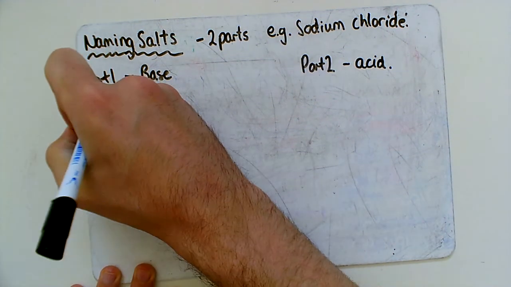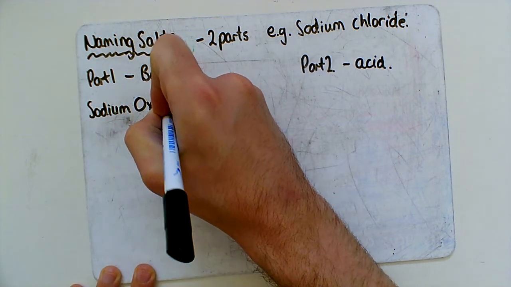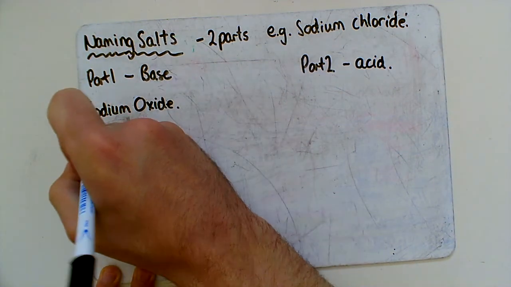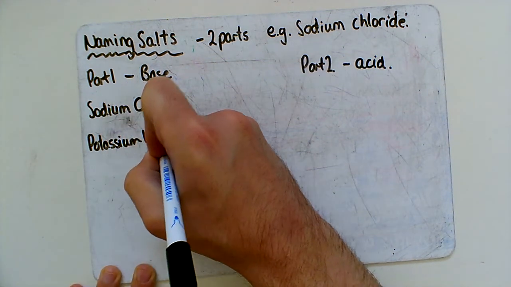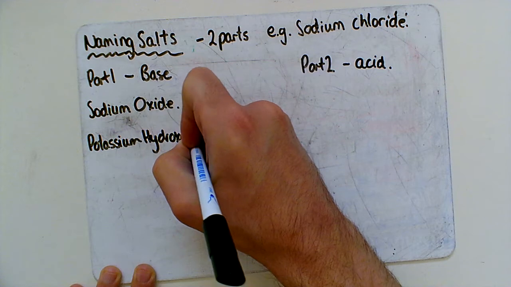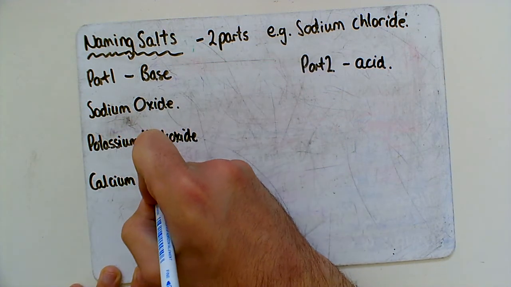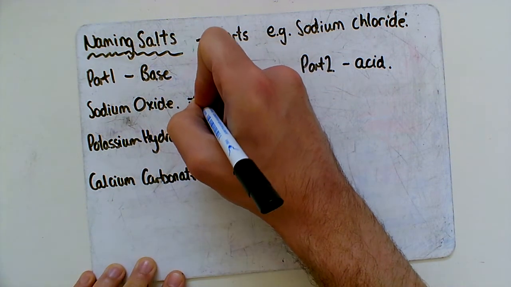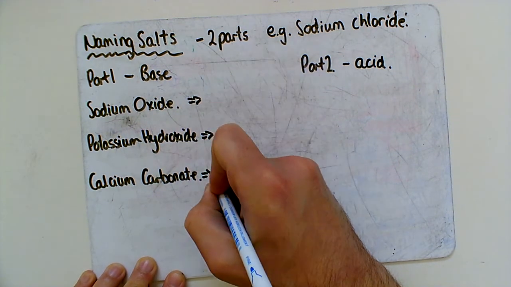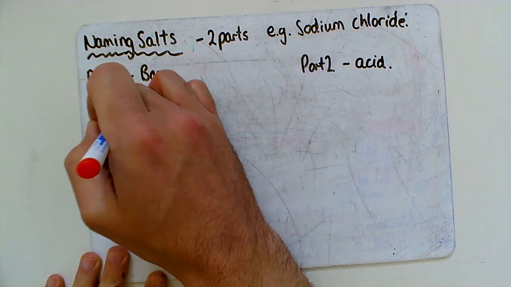And we'll look at sodium oxide, and potassium hydroxide, and calcium carbonate. Well, when it comes to how we know from the base what ends up in the name, it's just this metal part.